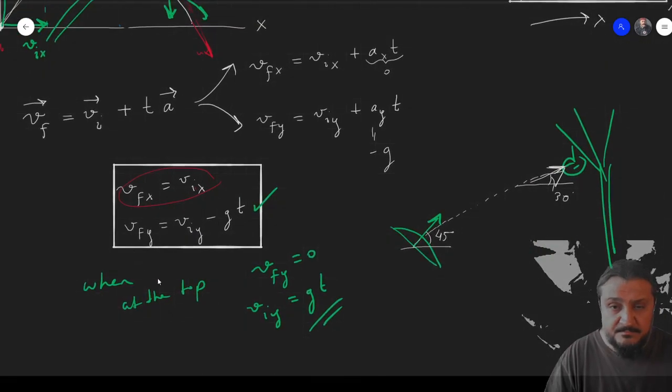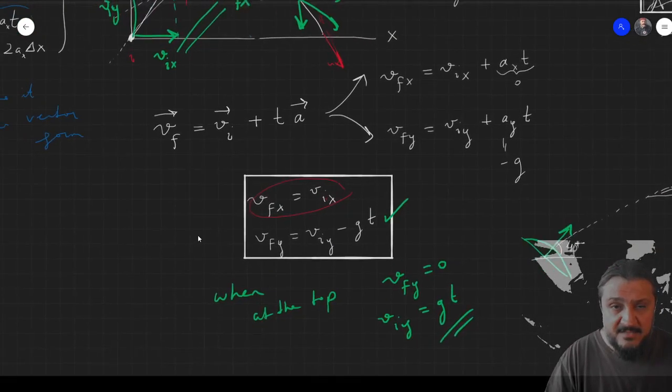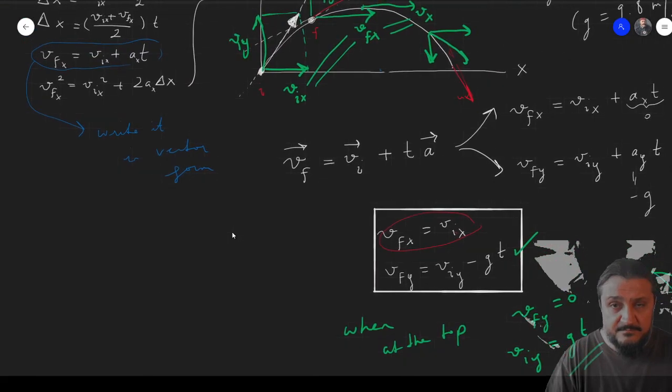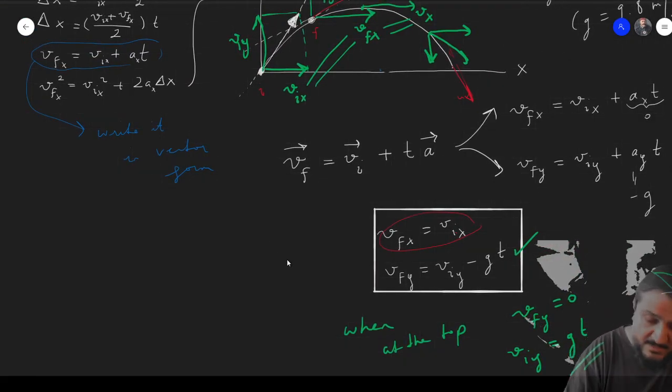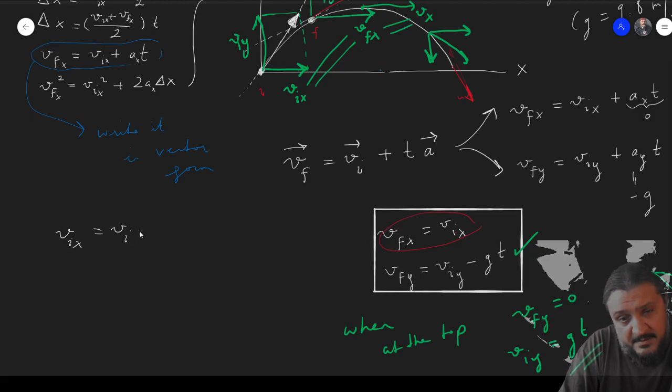So let's write that component in terms of the initial angle then. V initial x is equal to V initial cosine theta.